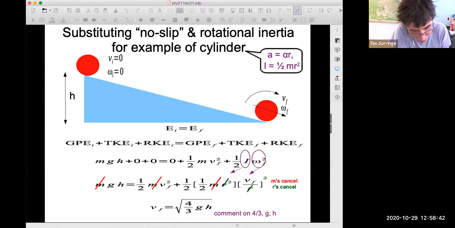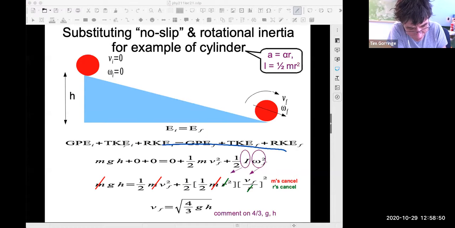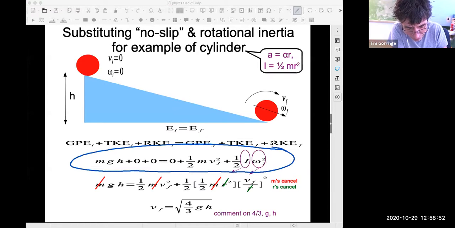And specifically what I want to do, let me hide, this slide's a little bit busy. Here's the equation from a couple of slides ago, which was energy conservation. It contained the height of the object at the top of the incline. It contained its linear speed and angular speed at the bottom of the incline. And I'm going to add in a couple of things.